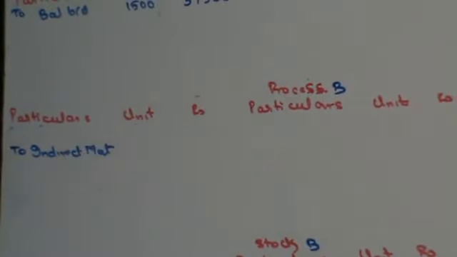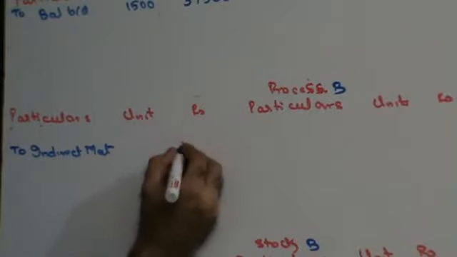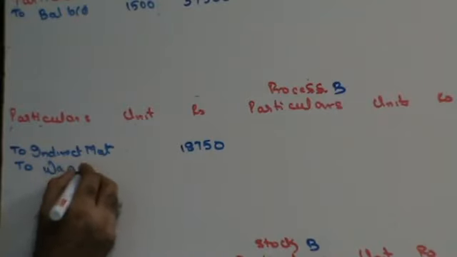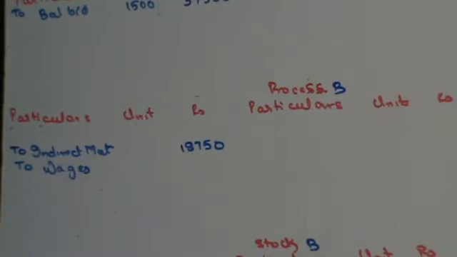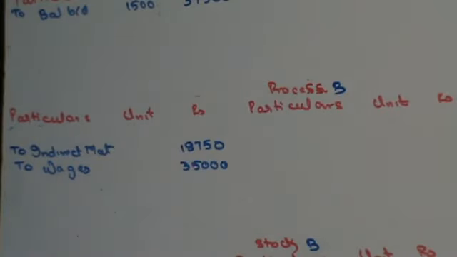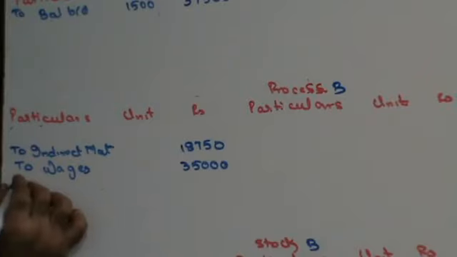In process B, you have indirect material. Indirect material is given to you as 18,750. Then you have wages. Wages is given to you as 35,000. Then you have direct expenses.